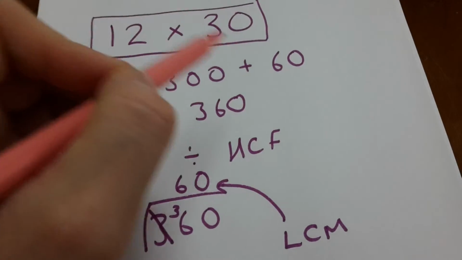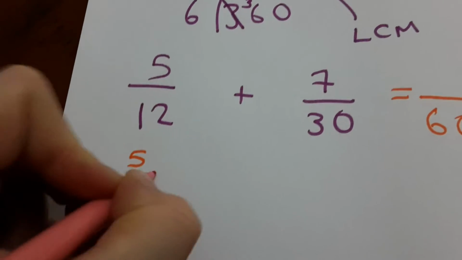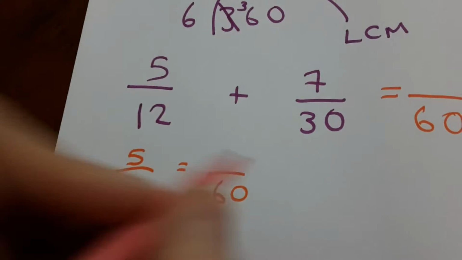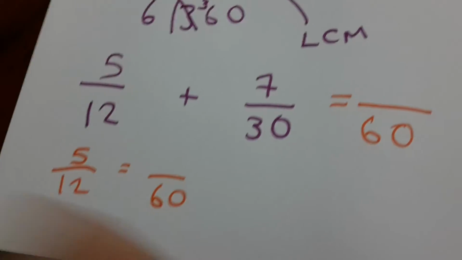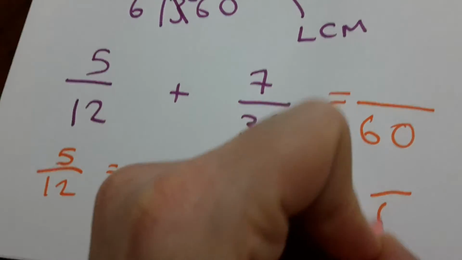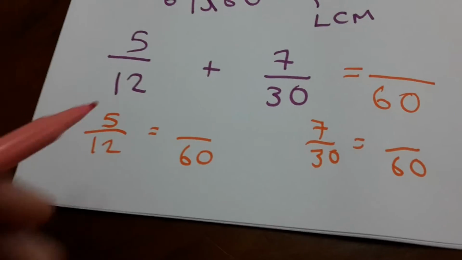Now we've already worked out that it's 60, so I'm going to rewrite these as if I'm cutting them into more pieces, so smaller pieces, so I have more of them, so that once they're in the same size base pieces, I can add them together easily.